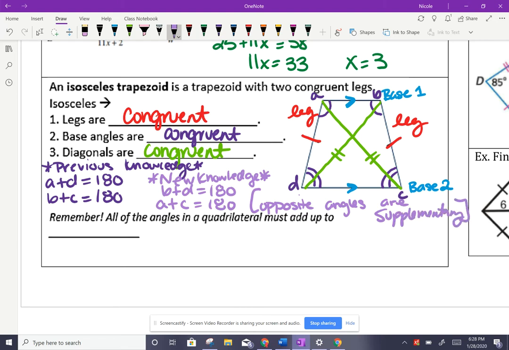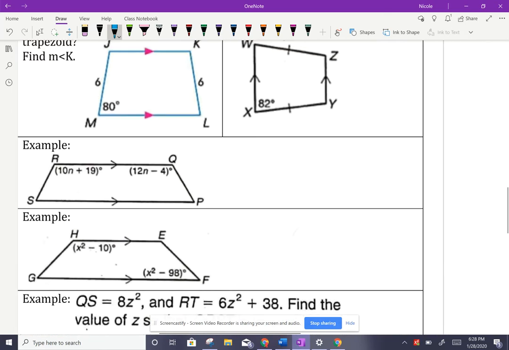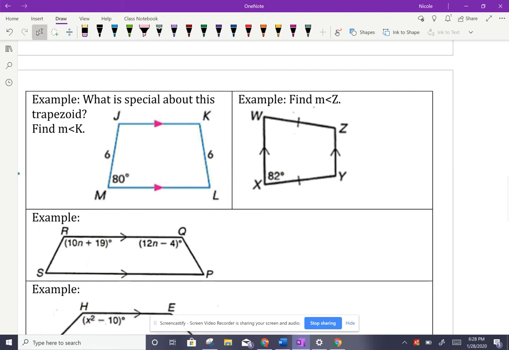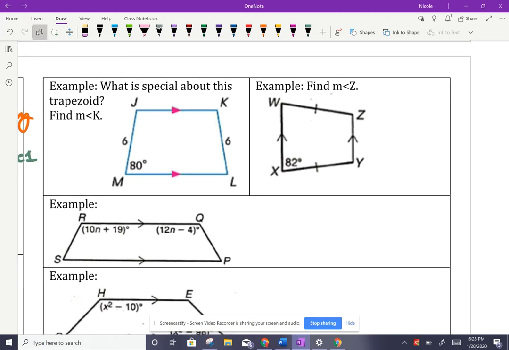So lots of good stuff we're getting from this. And of course, remember, all the angles in a quadrilateral, as we discussed yesterday, have an internal sum of 360 degrees. Let's see how this gives us more information that helps us solve our trapezoid, since we have things that are congruent. And we always want to make sure, how do we know it's an isosceles versus a non-isosceles trapezoid?